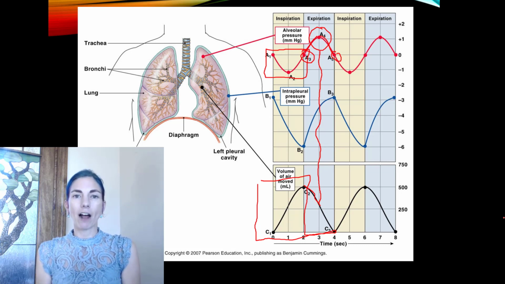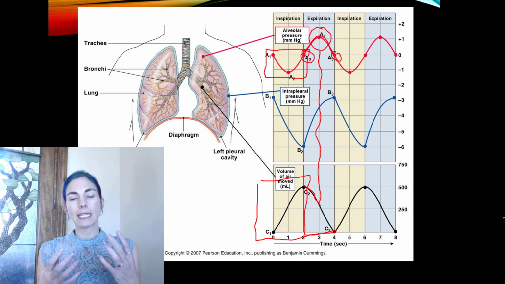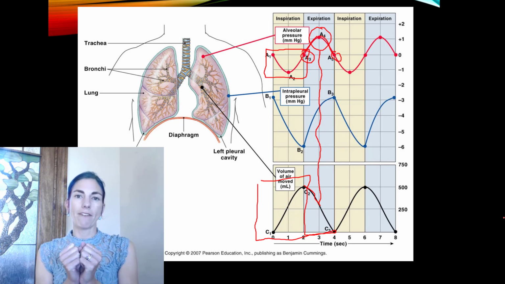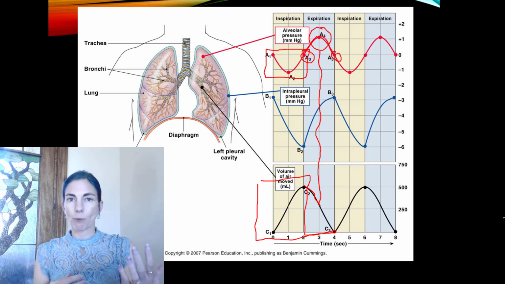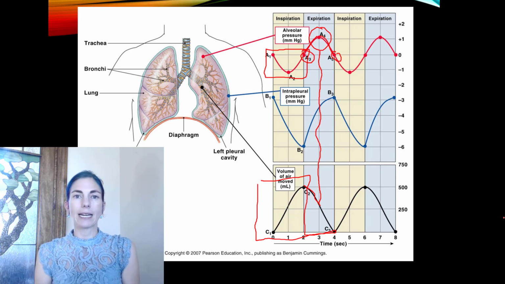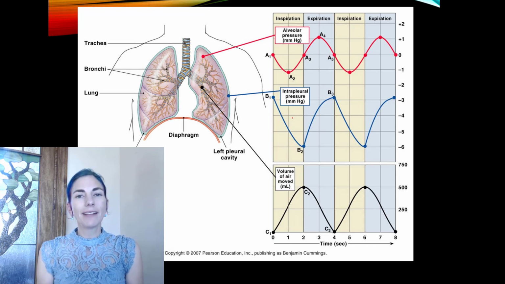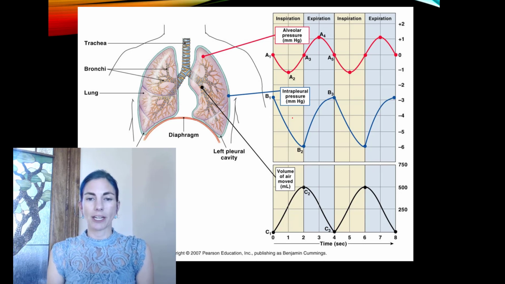And again, that follows this physics principle: if you change the volume of a container with air, then you change the pressure. If you change the pressure, you create a pressure gradient, and air is going to move down its pressure gradient. All right, let's take a look at the role of the pleural membranes in ventilation.